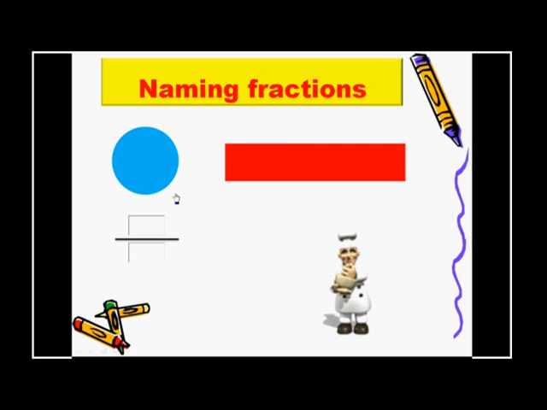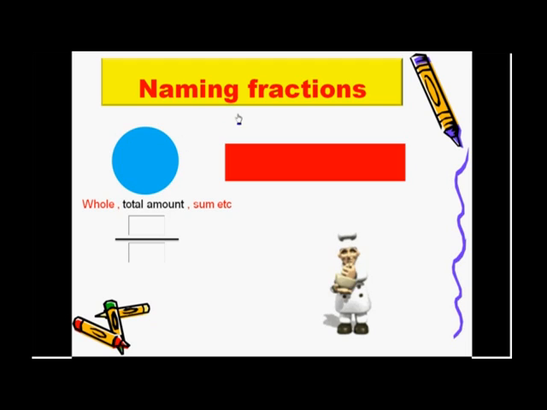Naming fractions. Now, you can tell me how much circle do I have here and how many rectangles do I have there? Did I hear one? Good. Now this circle is representing one whole circle, and this rectangle is also representing one whole rectangle.